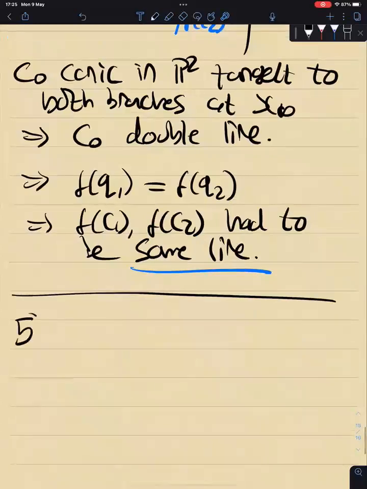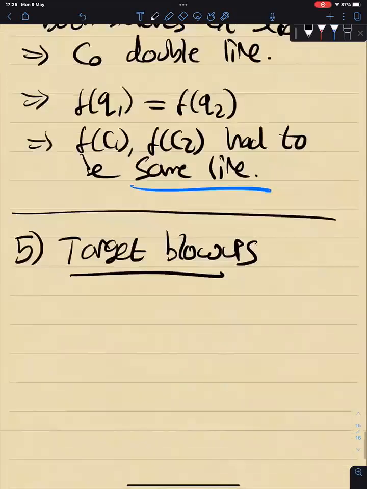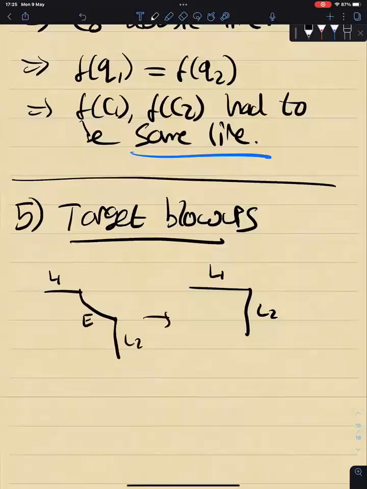So let's come back to this positive result now. So you can see here that if I blow up, okay, let's perform this blow up. So I have L1, L2. Now I replace it by this blow up. Now, what's happened is that previously I had these two lines going into the corner and I had a contracted component going into the corner.